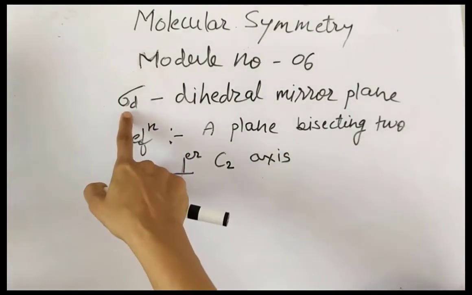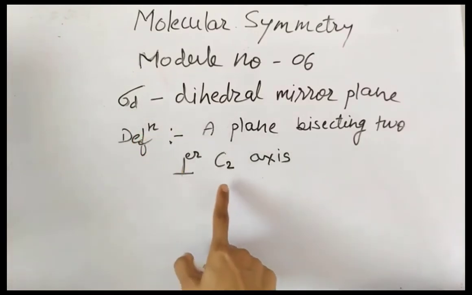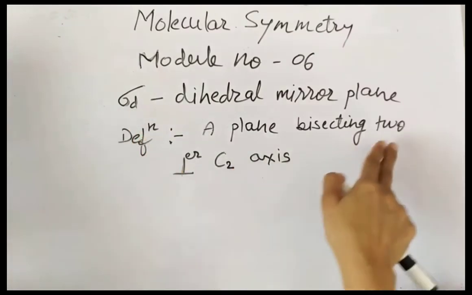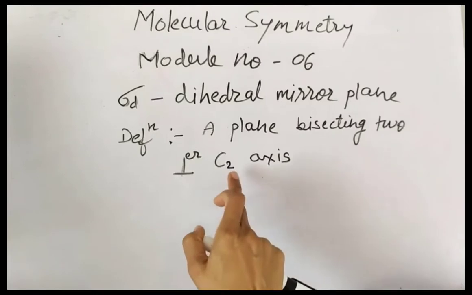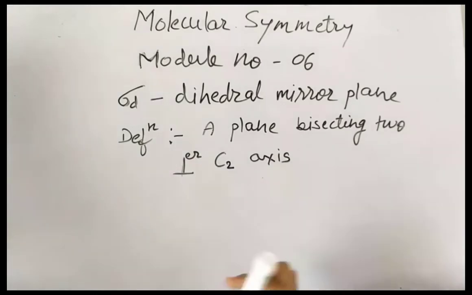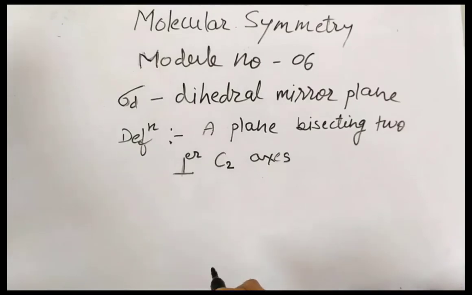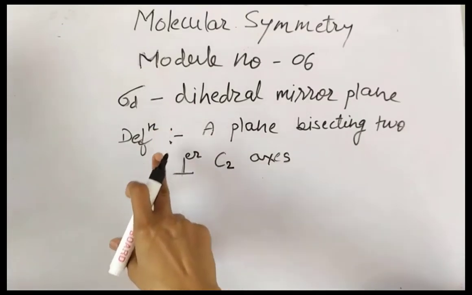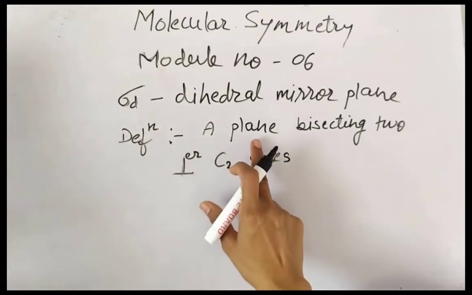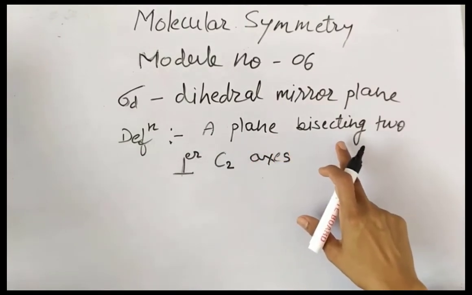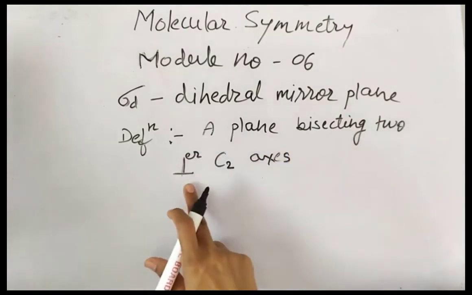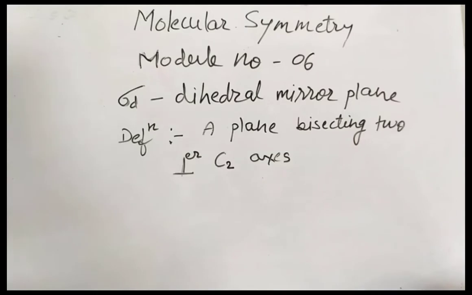Rather, sigma D is decided with respect to the two C2 axes that are perpendicular to each other. So, what is the definition of the dihedral mirror plane? It is a plane which bisects two perpendicular C2 axes.